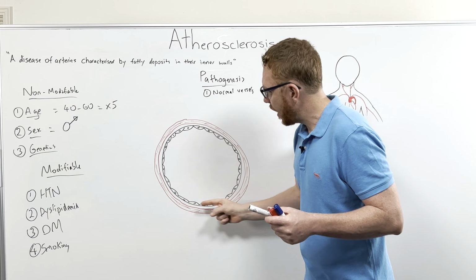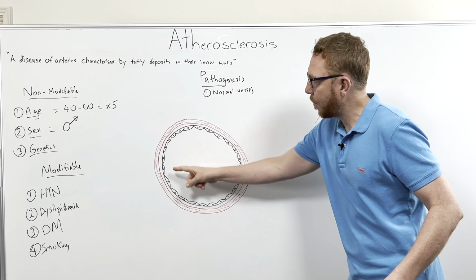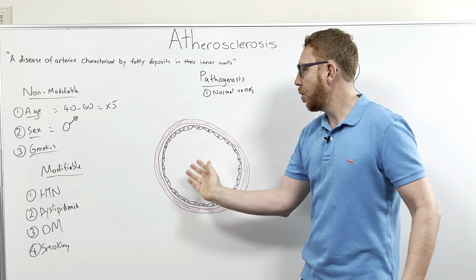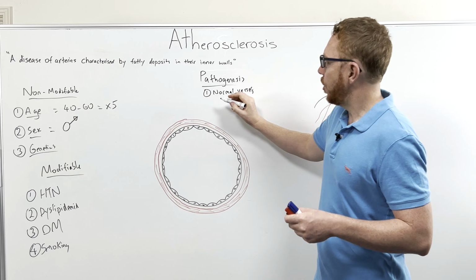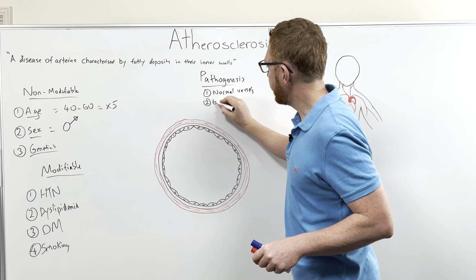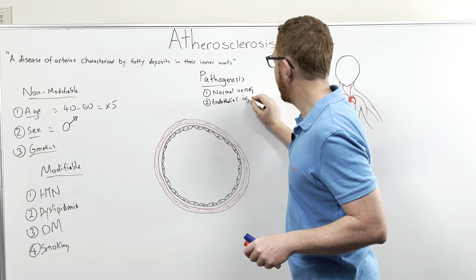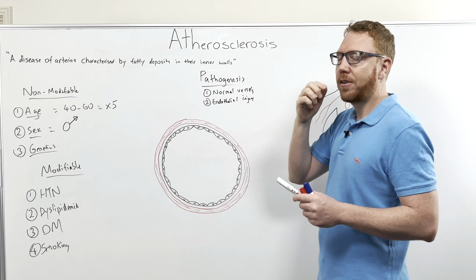The endothelial layer does its job. Its job is to contain the blood, stop things sticking to it, and allow a nice laminar flow, a non-turbulent flow down the blood vessel. So that's step 1. Step 2, we're now going to move into the endothelial injury. This is the first disease step in the pathogenesis pathway.